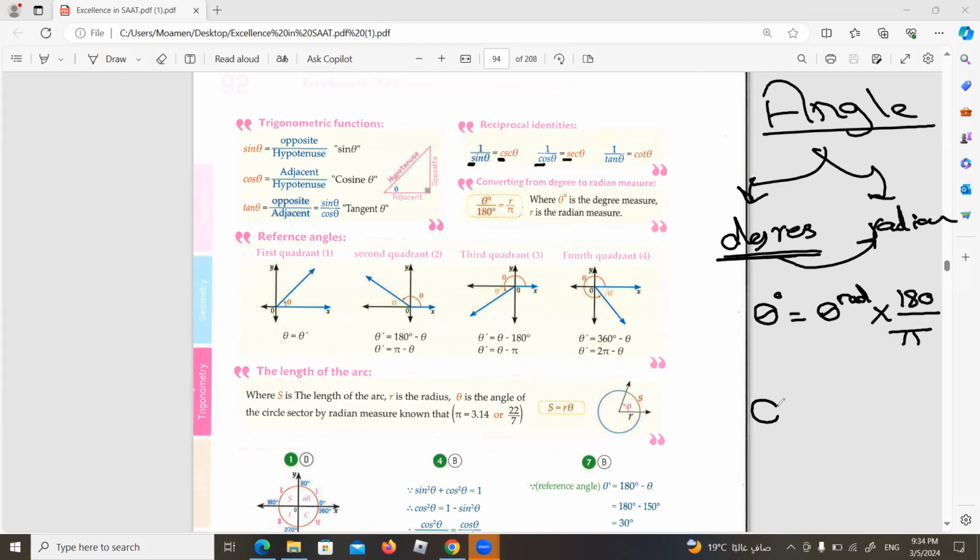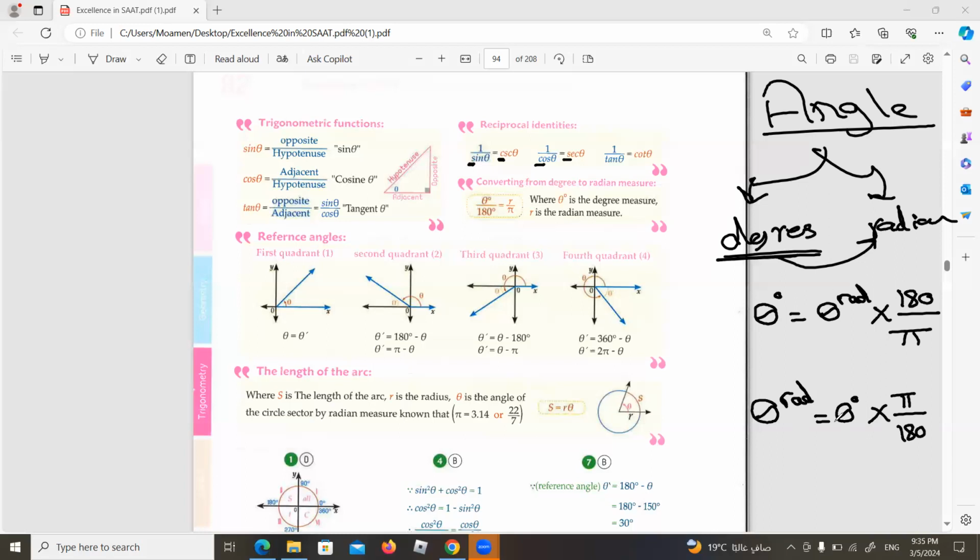If we need to get the radian and he gave me the degree measure, I'll take the degree measure, which is 45, 30, 60, and so on, and multiply it by pi over 180. And leave pi as it is. Don't calculate pi as 3.14.